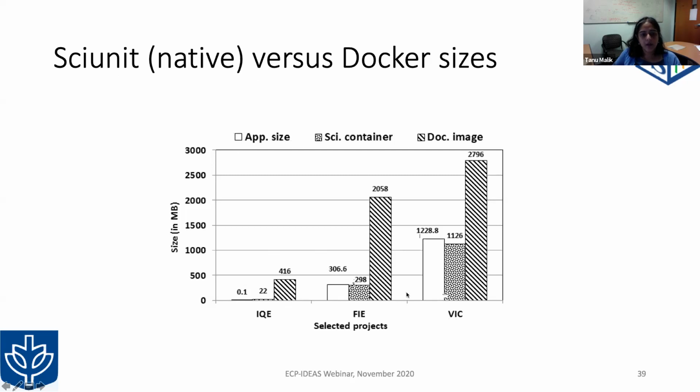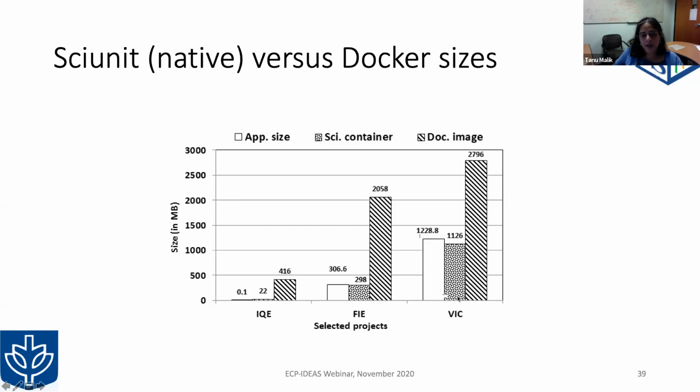And as we can see, the Docker sizes are fairly large. In this particular case it is almost double, and over here, in case of FIE, about 8 to 9 times larger.